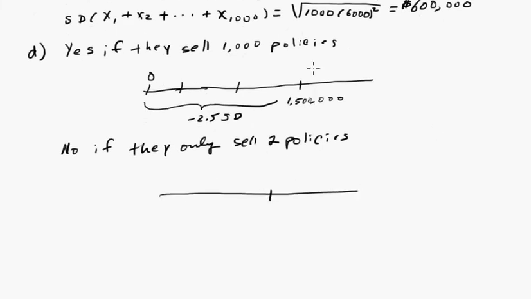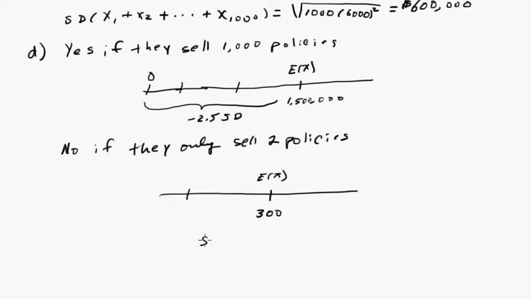Here's the expected value of X. It's only $300, but the standard deviation is huge, right?